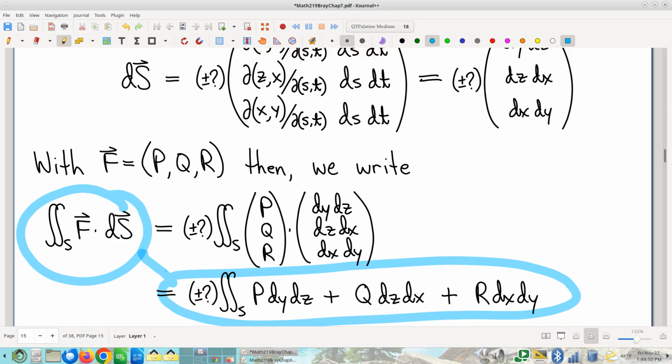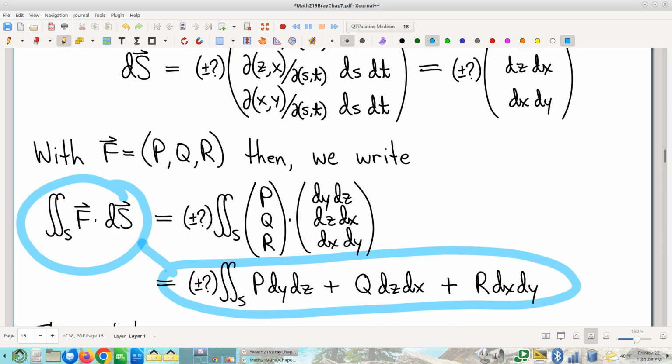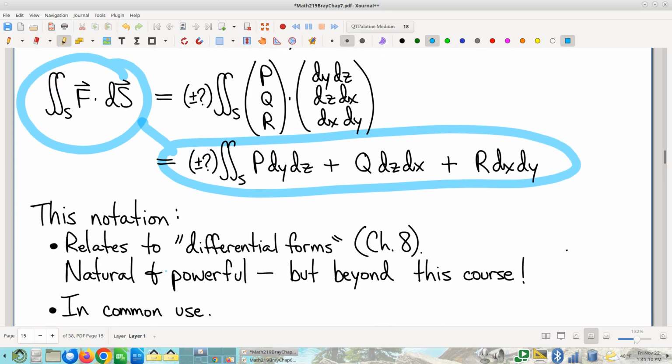Now, you remember we did something totally analogous to this back when we were talking about vector line integrals. We had coordinate line integrals, and you can interpret those as an alternative notation for vector line integrals. Certainly in this case, it looks like it's just a bulky, unnatural, non-intuitive take on vector surface integrals.